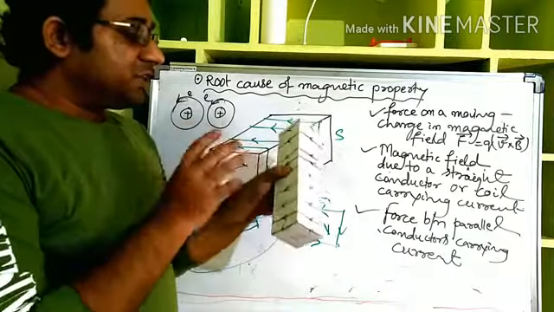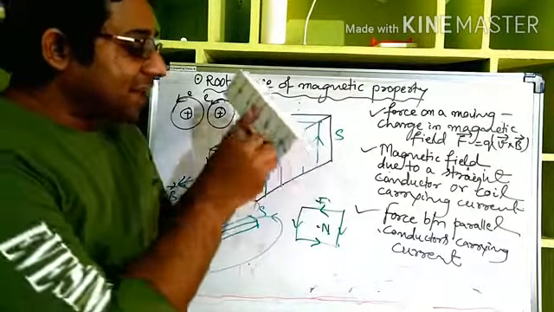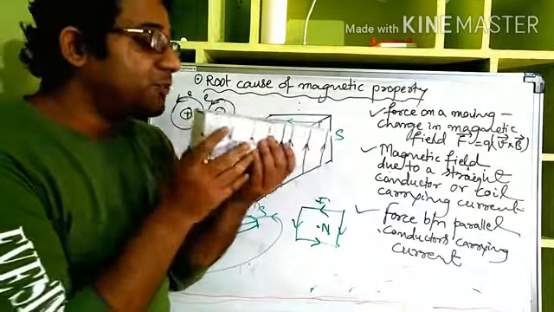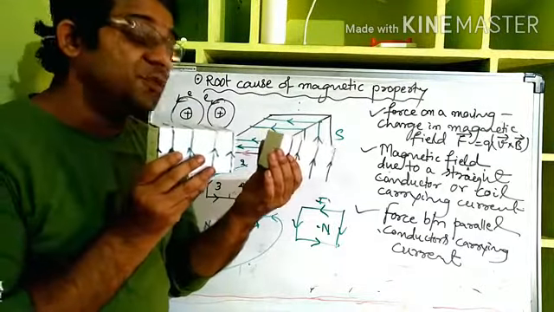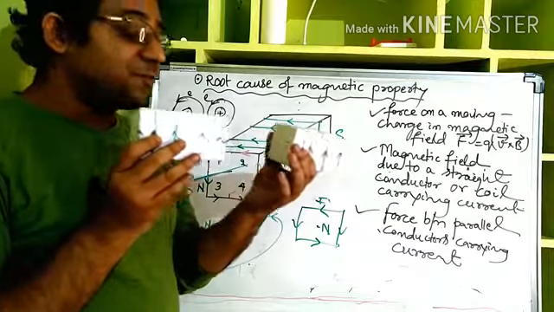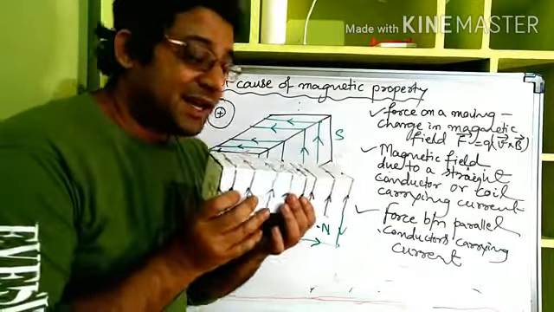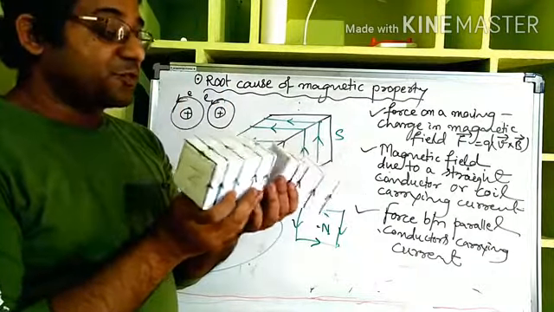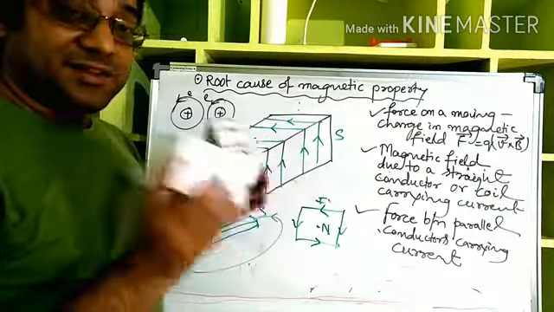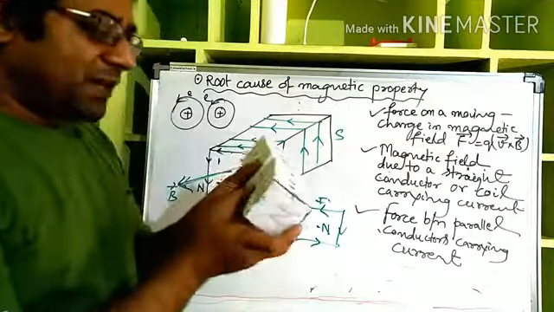But most of the time, students think that there are poles inside this and opposite poles are attracting each other due to some mysterious force, and like poles repel each other due to some mysterious force. They think like that. But there are no poles, nothing is there inside.